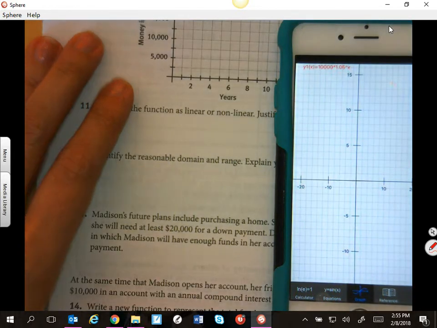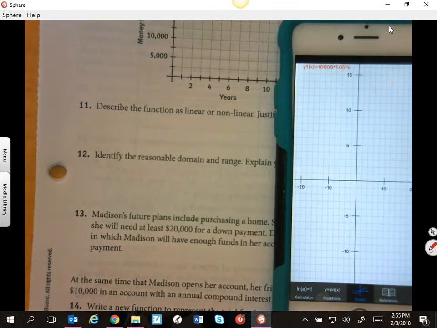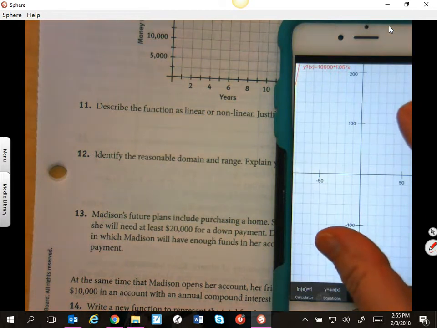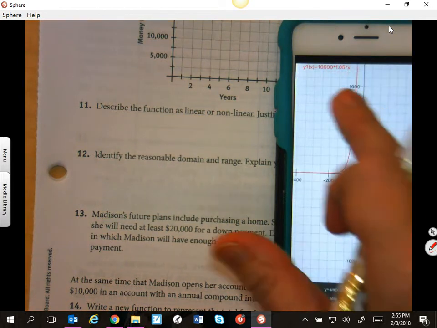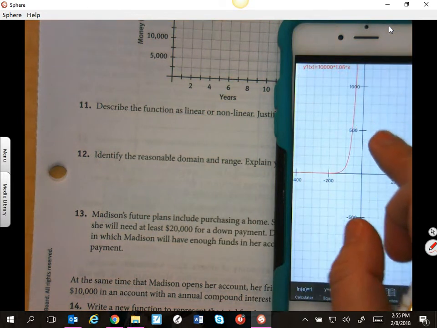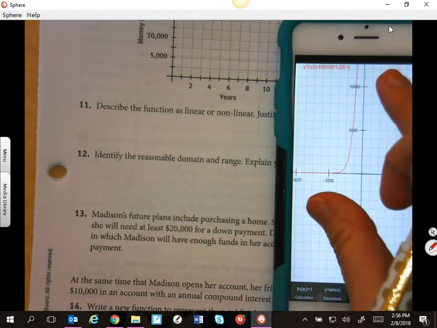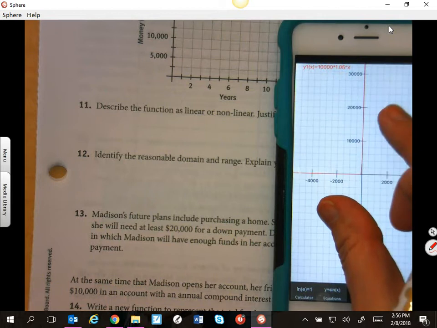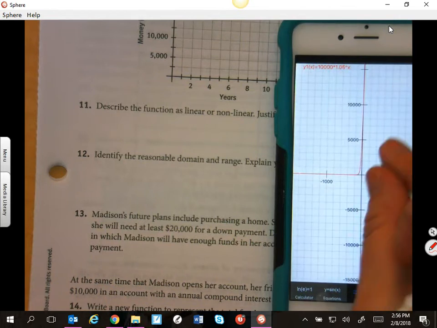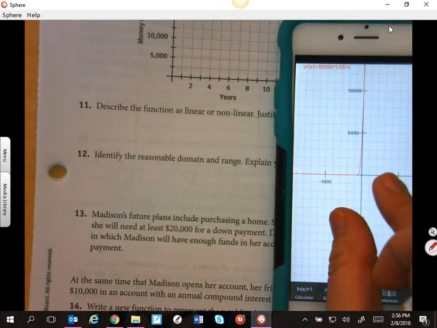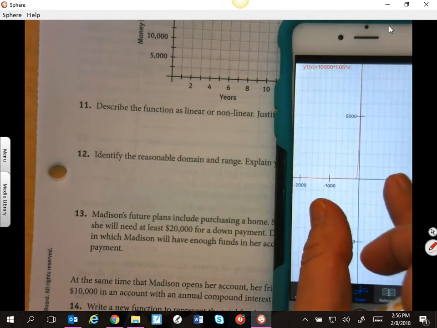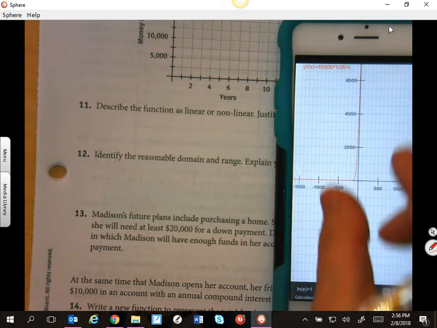Now we can't see it. So normally on our graphing calculator, we would change the window. We have to use some buttons. We know it's not going to start until 10,000. So we're going to have to come over here. There's 1,000. If you just pinch it, it's going to zoom in for you. So you can move it down.